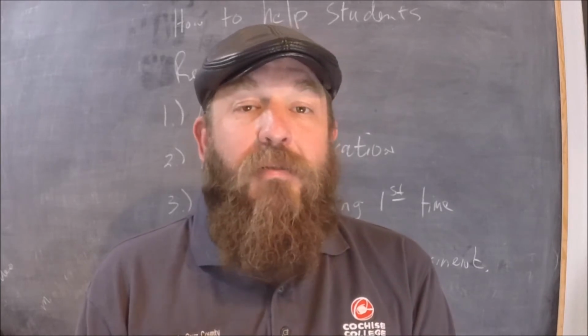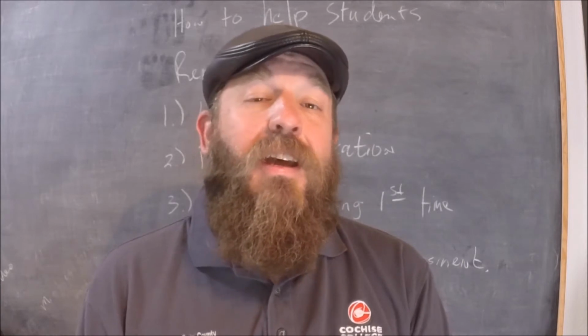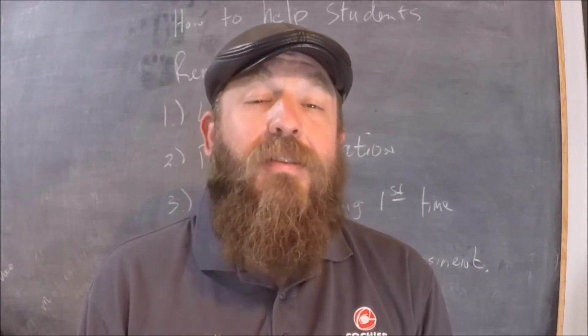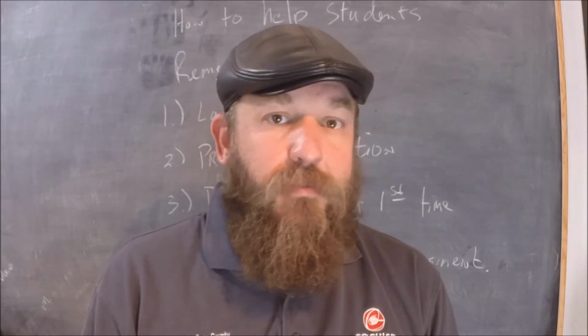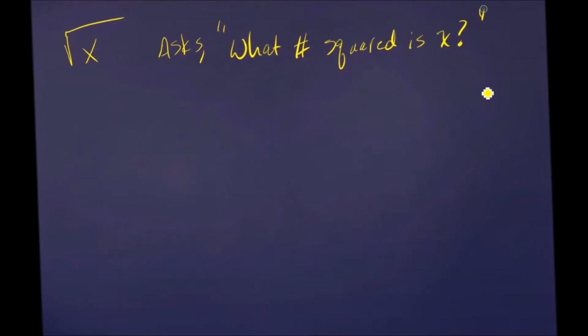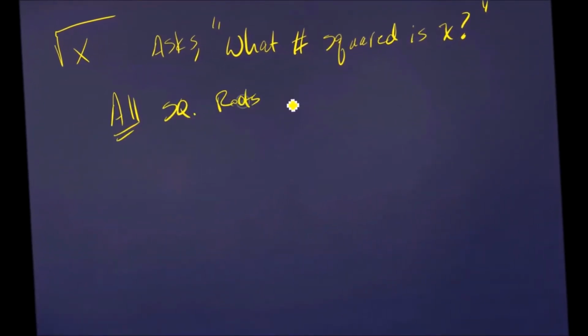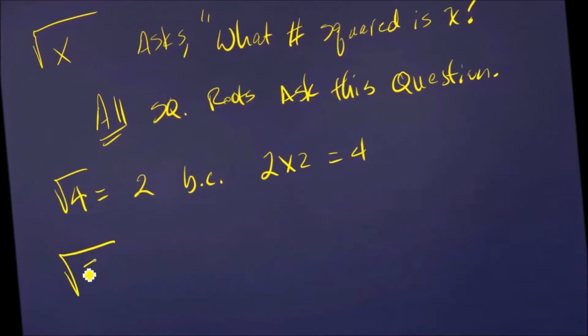So I would really make sure that they understand what it is they're doing and that they understand what the math says. A good example is square roots. If they understand that a square root is a way of writing a question in math, then when they're simplifying square roots or working with them, they're understanding that they're just answering the question.